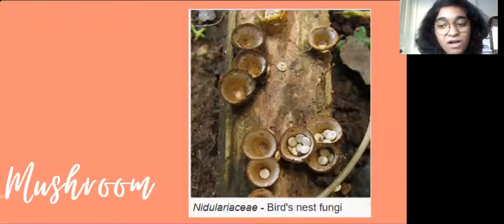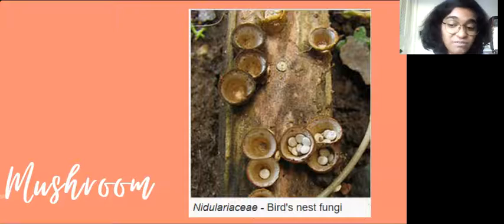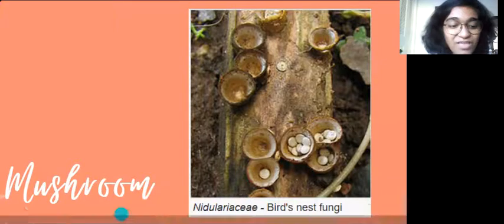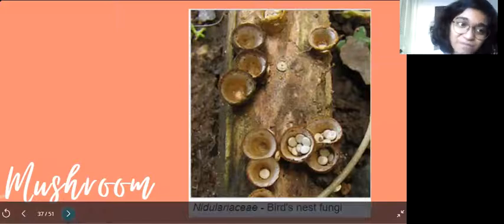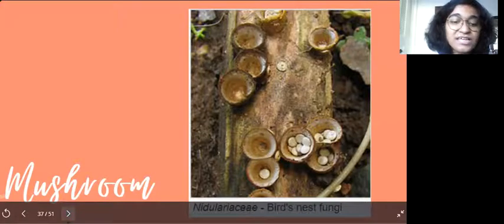If the thread encounters a twig on its flight, the egg will swing around and wrap itself around the twig. The spores can then germinate there and start their life cycle all over again. So this is the story of a mushroom called Nidulariaceae, bird's nest fungi, easier to name it.